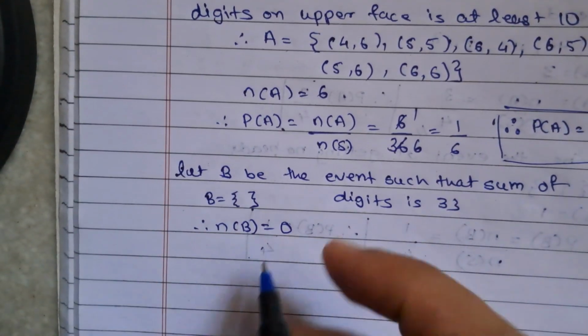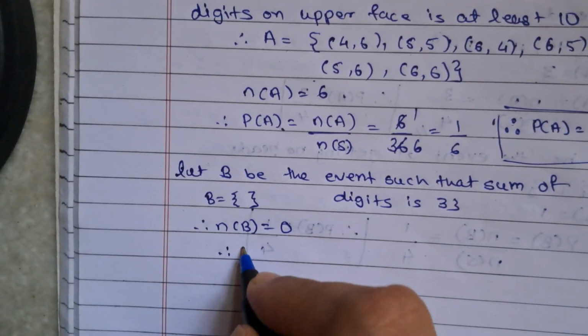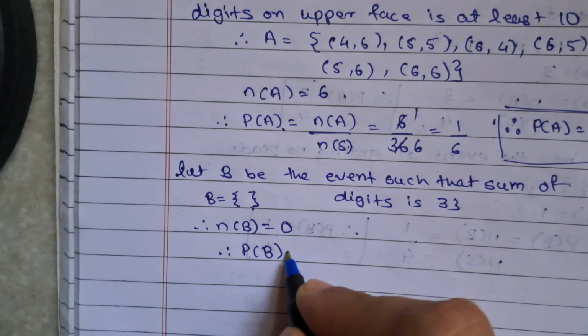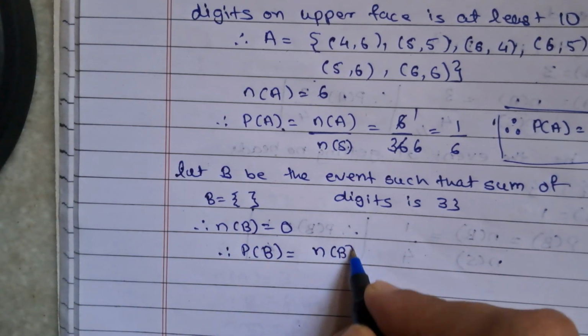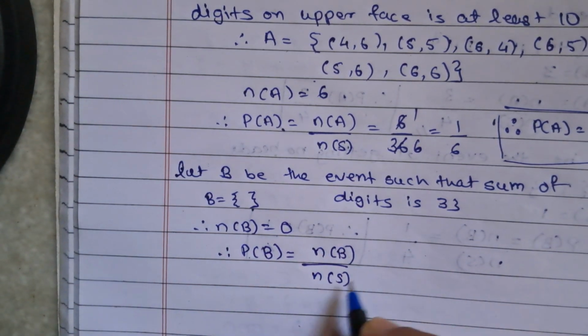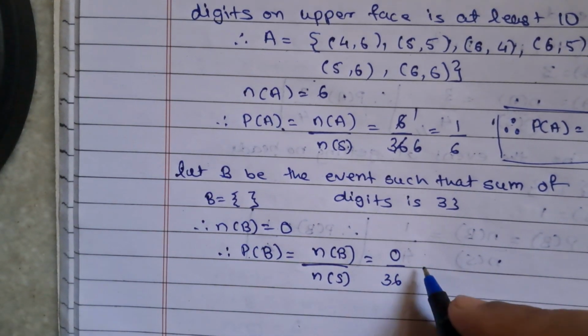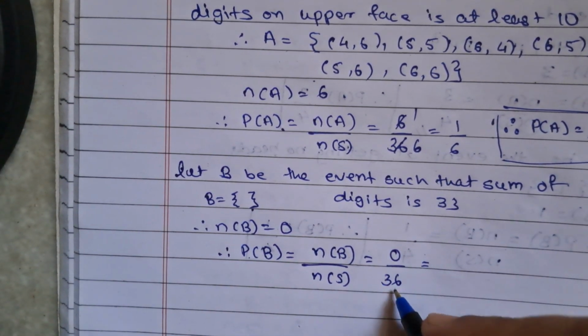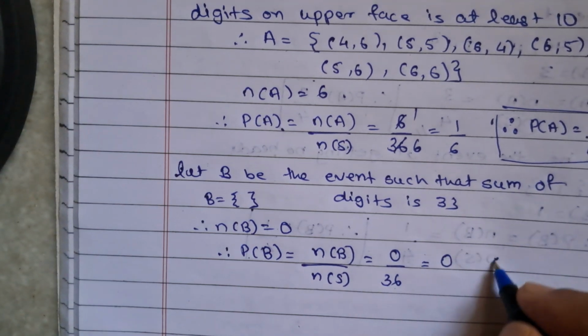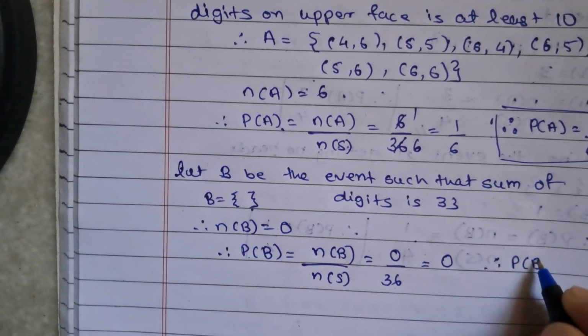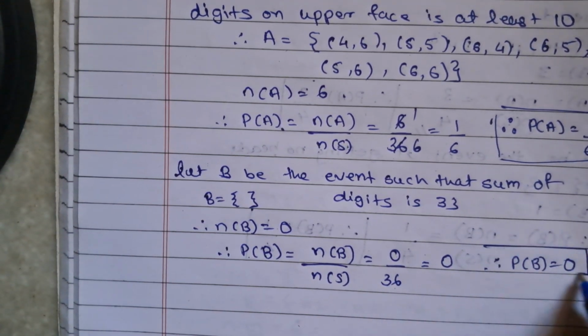Again I need to find the probability, isn't it? So therefore probability of B is equal to n of B upon n of S. That means 0 upon n of S, which was 36, and as we know 0 upon anything is 0. That means my probability of B in this case will turn out to be 0.